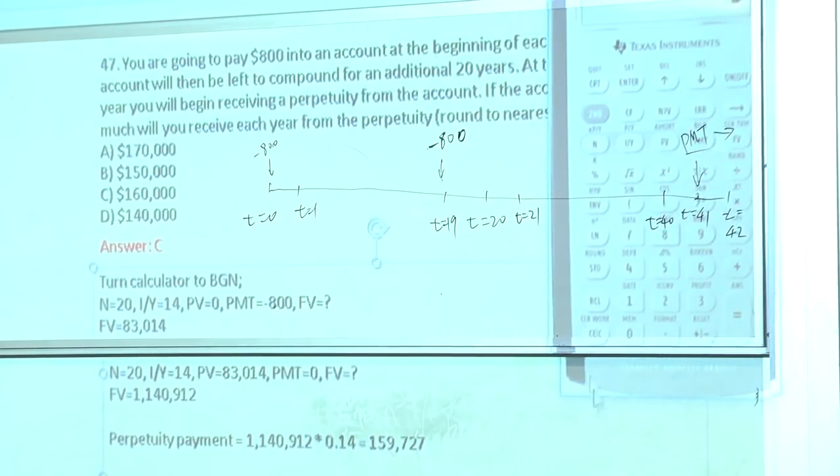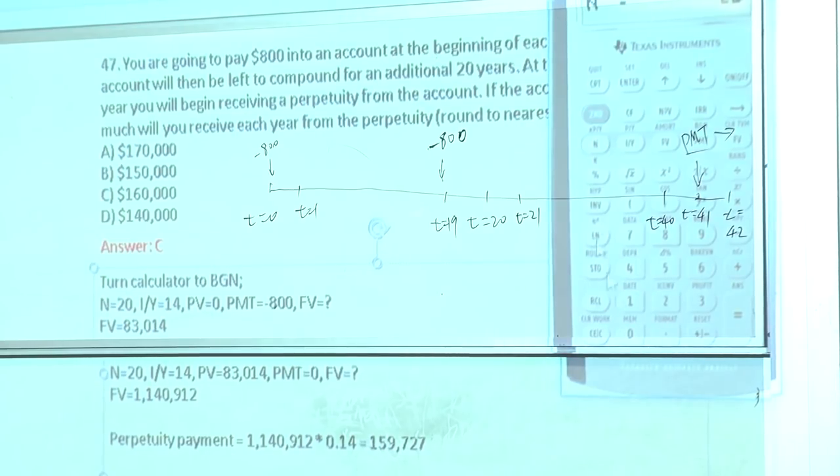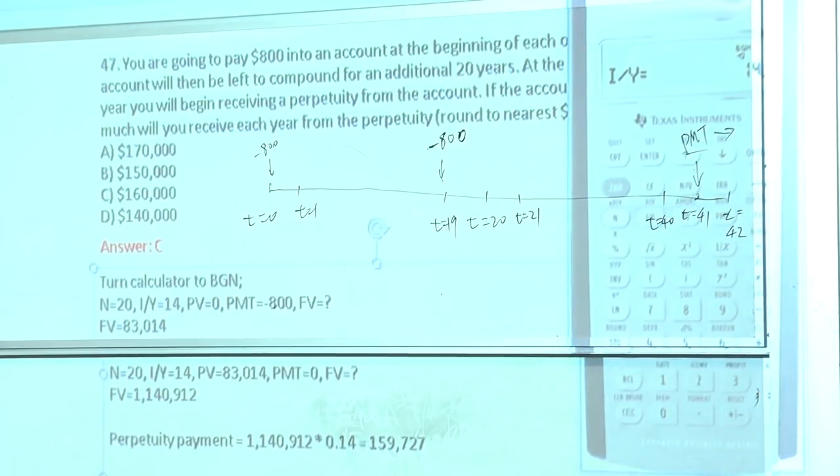Okay, so let's calculate that. So 20 years, 14 interest rate, and it's a future value. It's annuity due, and we can use the function to either calculate present value or future value.